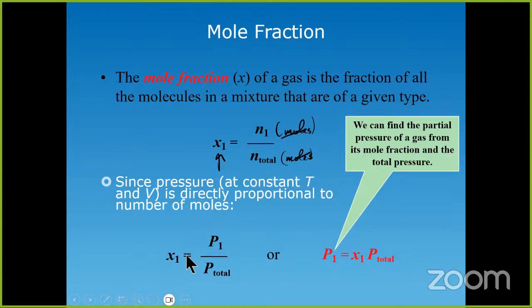You can use either equation to calculate the mole fraction. And if you're given a mole fraction and asked to find the pressure of one individual gas, assuming you know the total pressure, you can determine that using this equation right here. So that's basically an introduction to the concept of mole fraction.